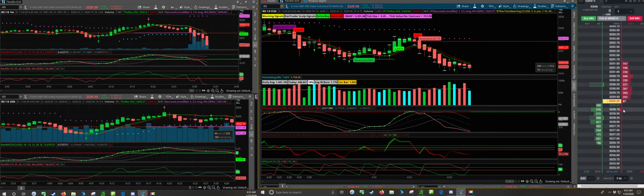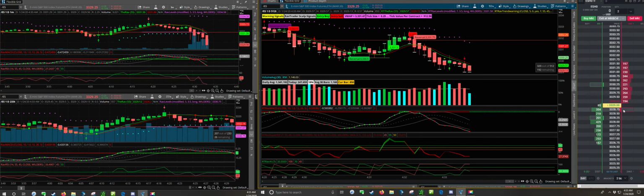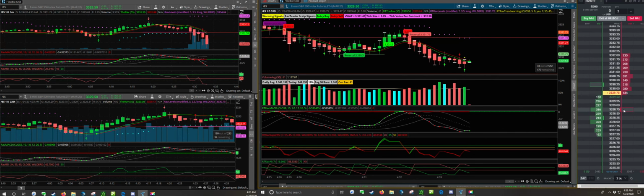Still in on that 30.25 short. RSI out at 4 ticks. Look for the next one.